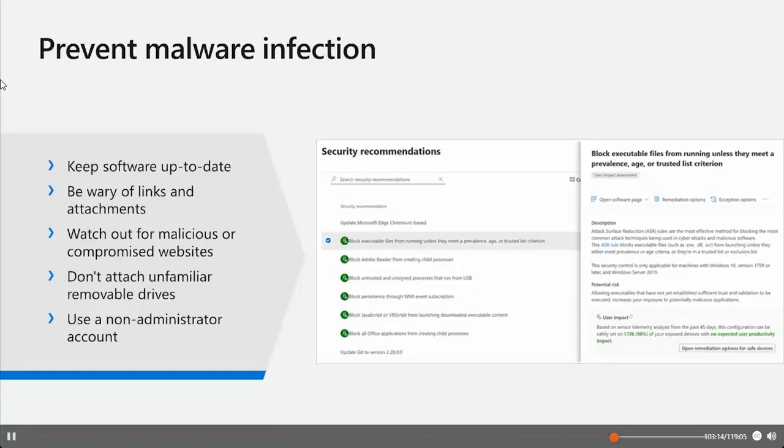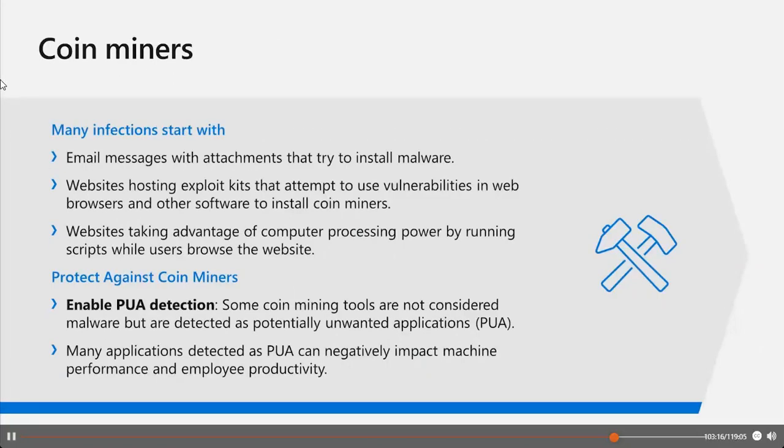What are coin miners, and what do I mean by that? Many infections start with the following: an email message with an attachment comes in and tries to install malware. On the other hand, we have websites hosting exploit kits that attempt to use vulnerabilities in a web browser and other software to install coin miners.